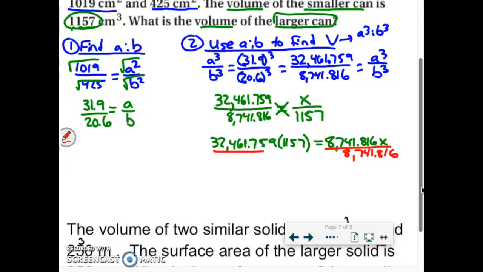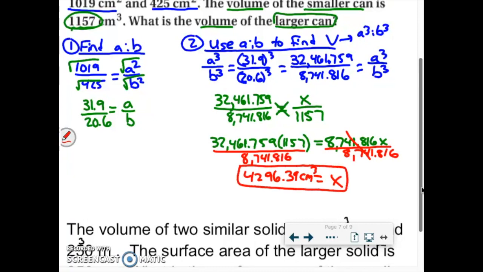Okay, divide both sides by 8,741.816. Then I cross out on this side. So I have my final X answer once I go to the calculator. 32,461.759 times 1157 divided by the 8,000 number. You end up with about 4296.39 cubic centimeters.